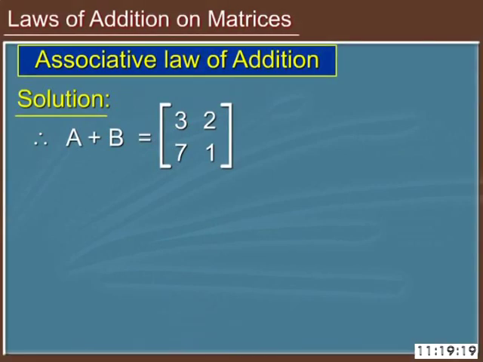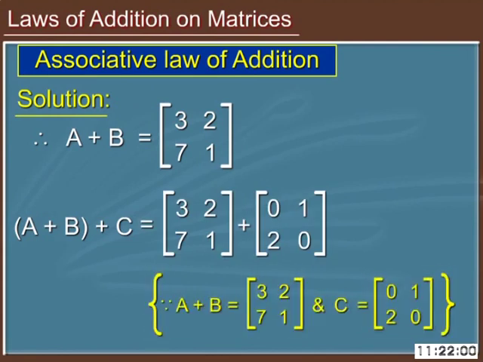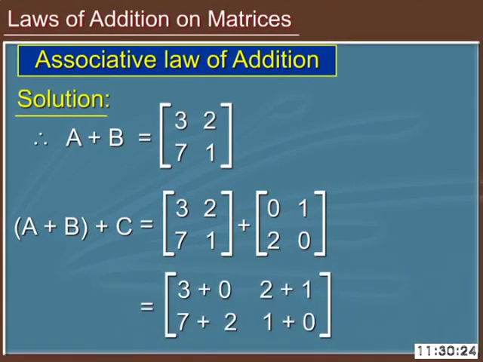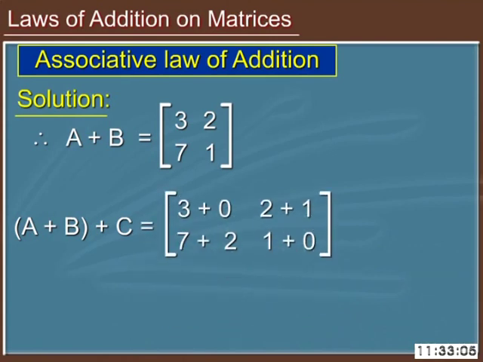Now (A plus B) plus C will be equal to matrix (A plus B) plus matrix C, further equal to a square matrix of order 2 having first row elements as 3 plus 0 and 2 plus 1, second row elements as 7 plus 2 and 1 plus 0, which is equal to a square matrix of order 2 having first row elements as 3 and 3, second row elements as 9 and 1.